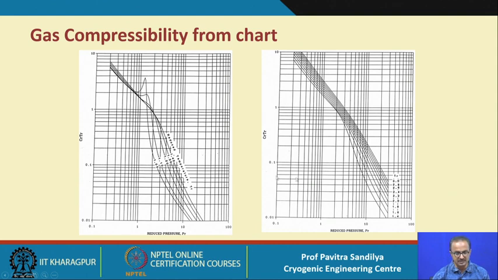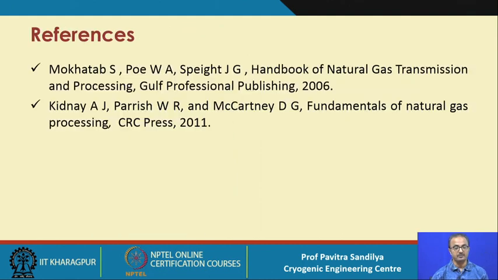The difference is that here the range is smaller, and in this one the range is larger. It is going from 1.05 to 1.40, whereas in this case it is going from 1.40 to 3. So these two charts together may be used to find out the gas compressibility from the knowledge of the reduced gas compressibility. And these are a few references which you may consult to understand these properties further.